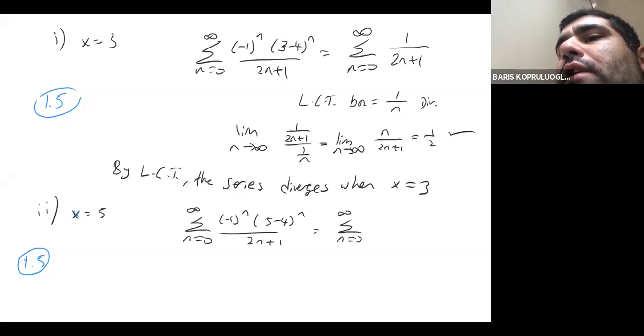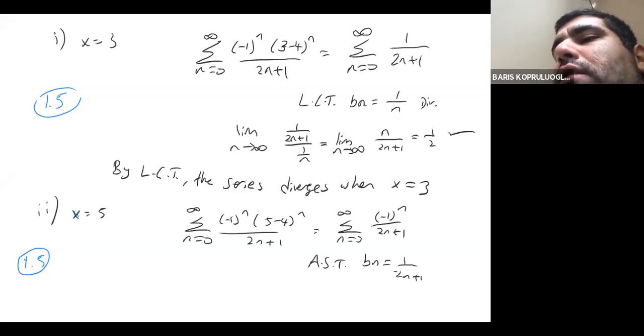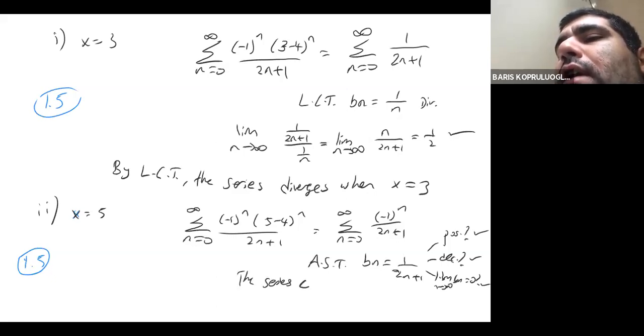So it will be (-1)^n over 2n+1. It's going to be the alternating series test, and b_n is 1 over 2n+1. It satisfies all conditions. Its limit is 0. So the series converges when x is 5.